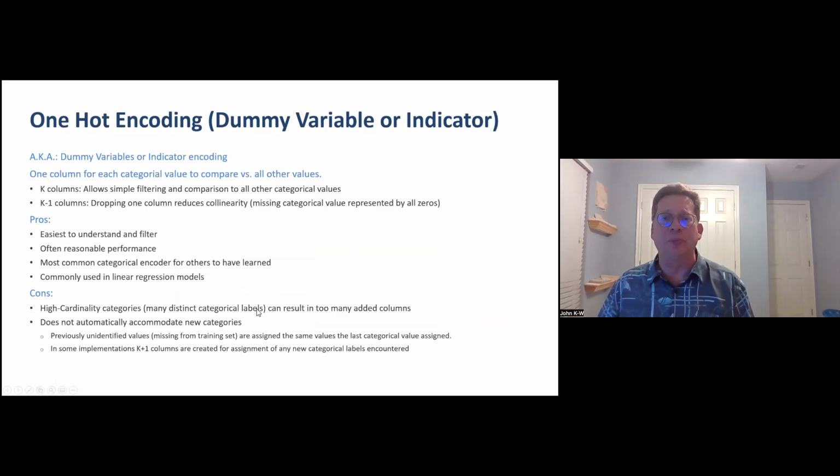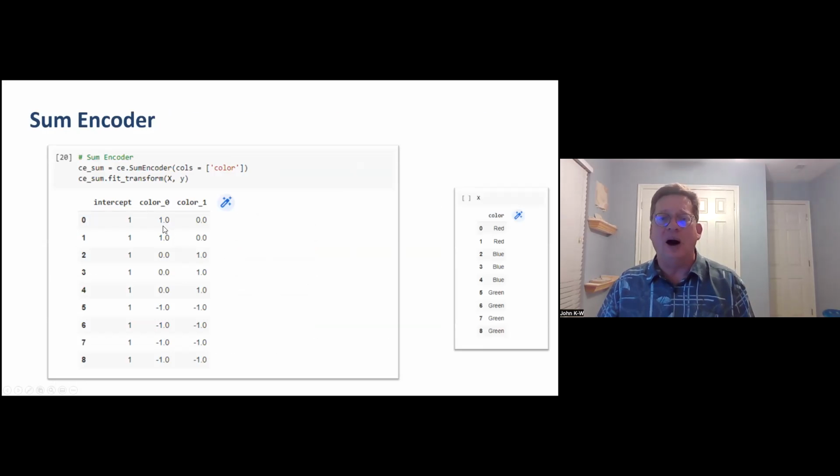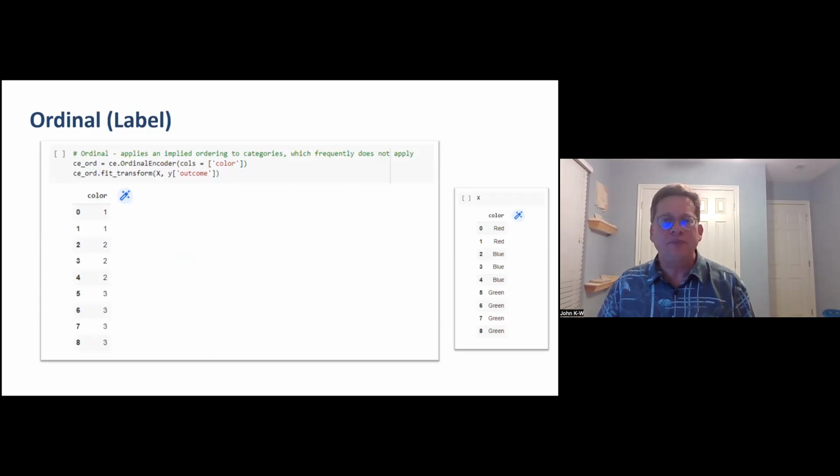And over some of the pros and cons of those, Sum encoder is very similar, that you've got red here, green here, and then the negative ones, instead of using another column for that 3rd color green, you're going to represent this with -1. And the predictive algorithms have an easier time with this type of encoding of the data.